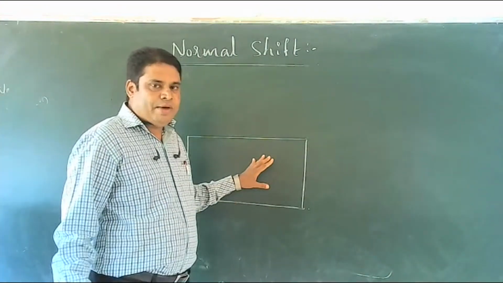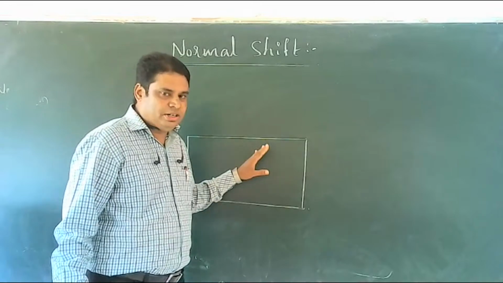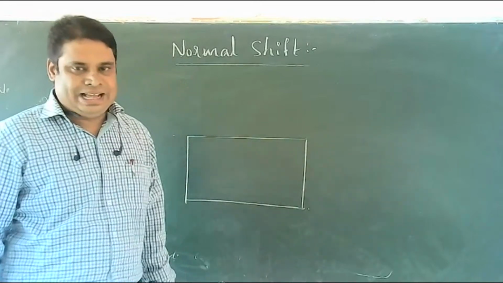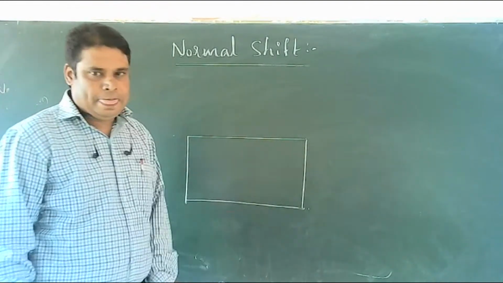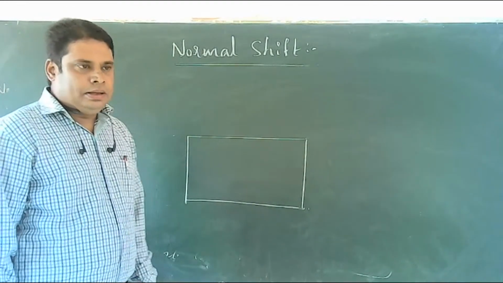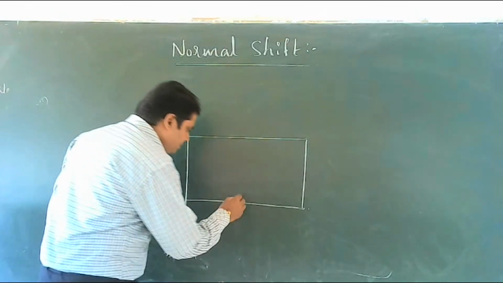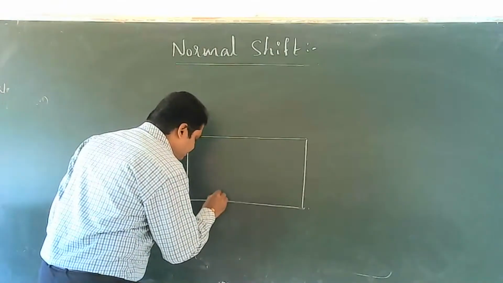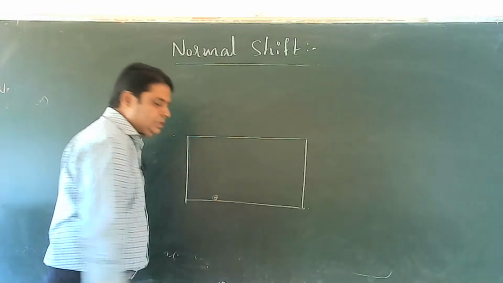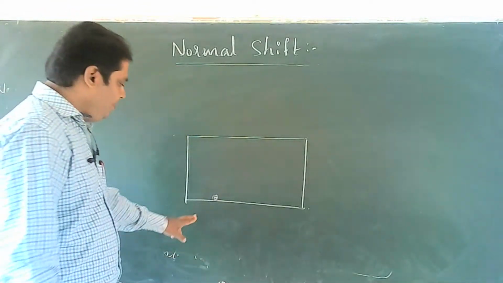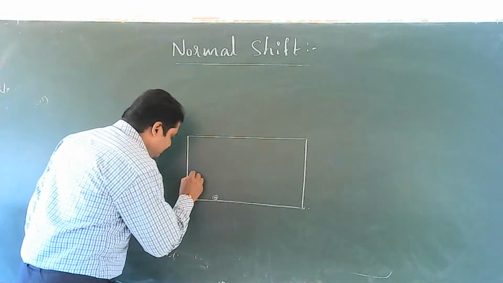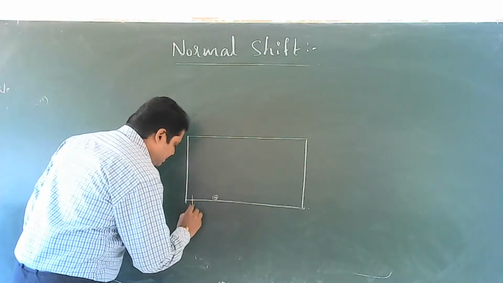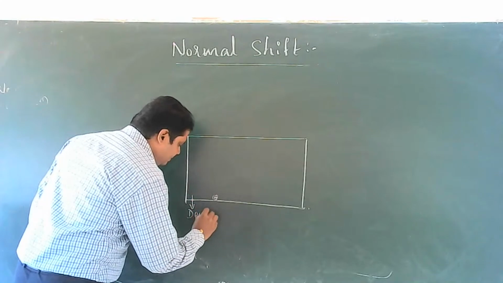Imagine we have some denser medium, water tank, or glass slab, whatever it may be. Let this be a glass slab. An object is placed somewhere here. Anyway, this is the denser medium, right?